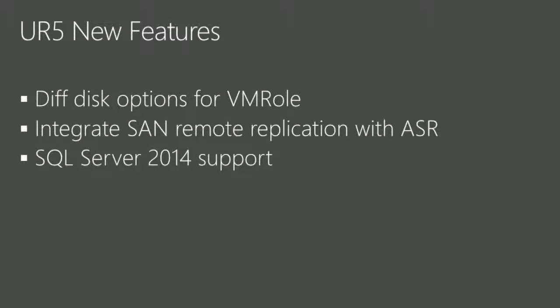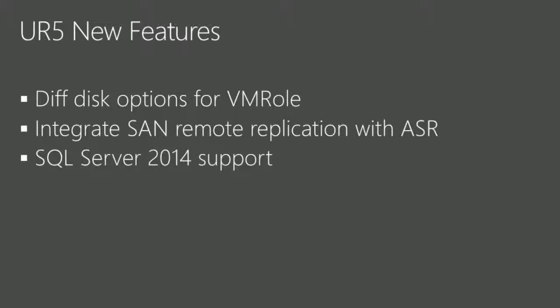So UR5 had several new features. Hopefully all of you are familiar with these. So the diff disk options for VM role allows you to specify that you do not wish diff disks to be used with VM role, which was a big ask for us, particularly for our integration up through WAP.